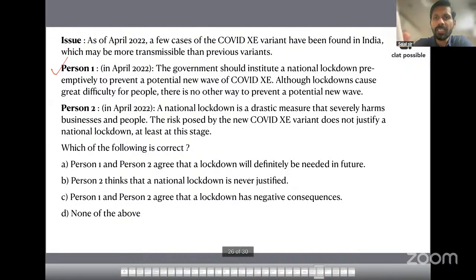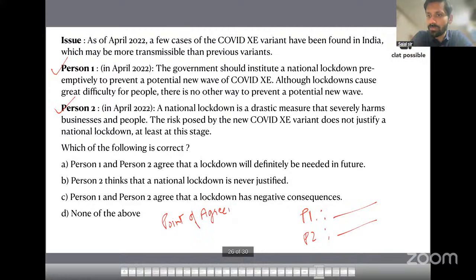Now, person two clearly disagrees. How we are doing these questions is, I've told you this in the classes also, but when there are two speaker arguments, let's say there is a person one saying something, arguing for something, and person two something else. What we need to decide is whether there is a point of agreement between the two.